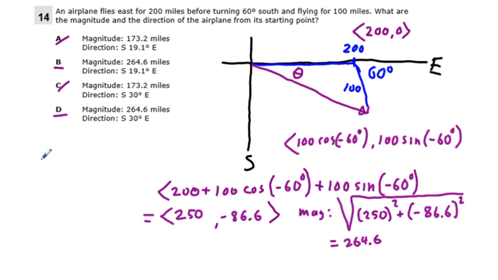Now for direction, our direction is going to be our inverse tangent of our change in y over our change in x. So we're going to take this negative 86.6 over 250, excuse me.